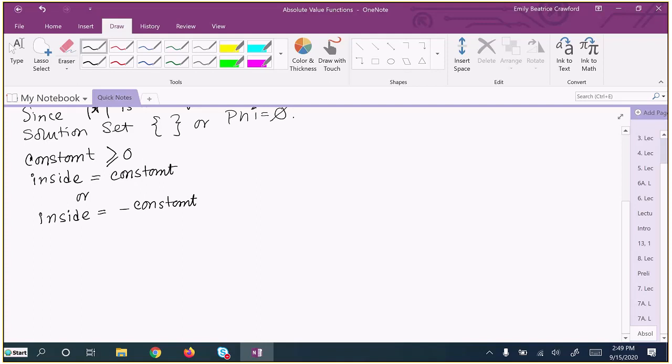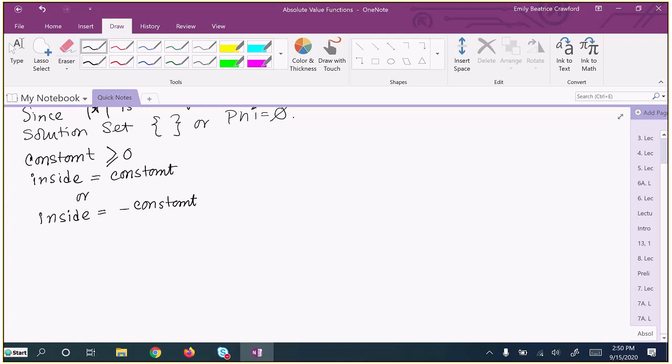So what are our basic steps to solve an absolute value equation? Well, we always start with the absolute value equation, and try to make sure that the absolute value terms are the only terms staying on the left hand side of the equation. So isolate the absolute value terms and send everything else to the right hand side.